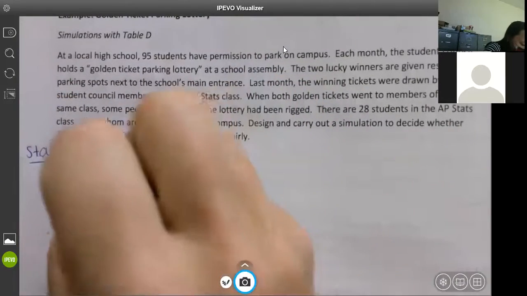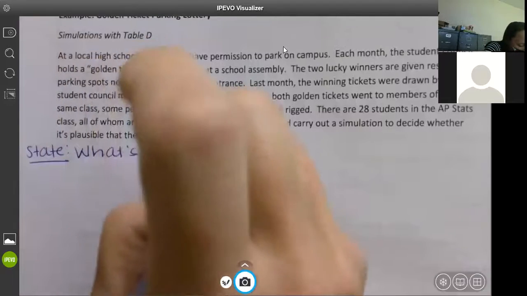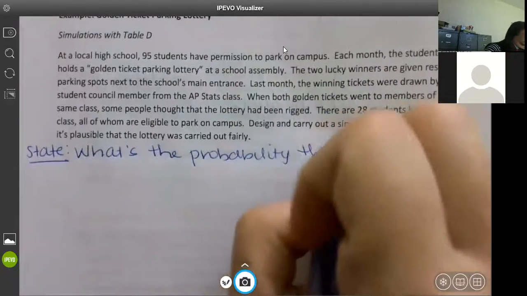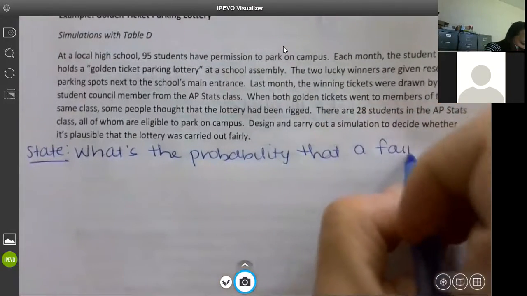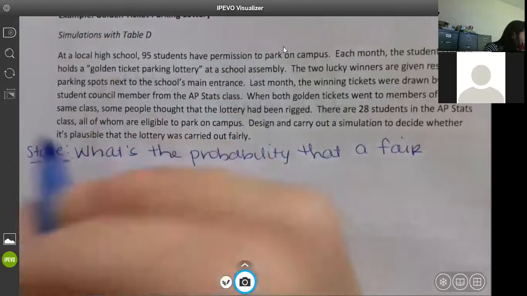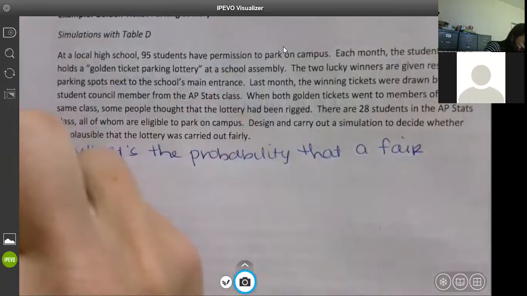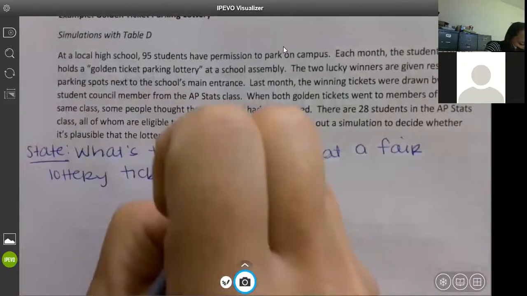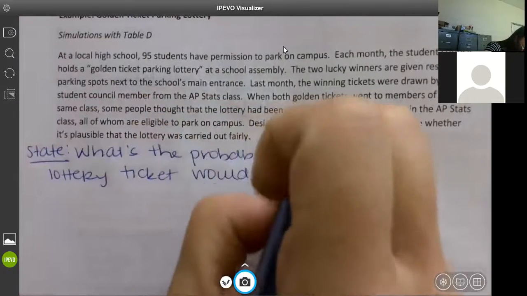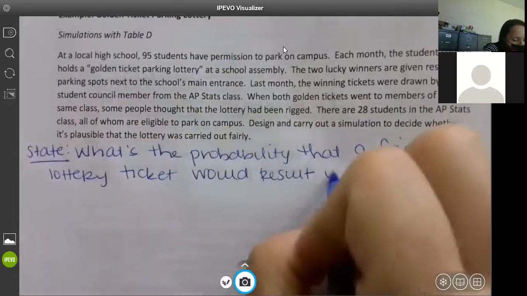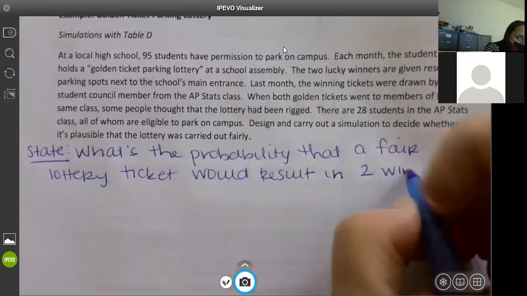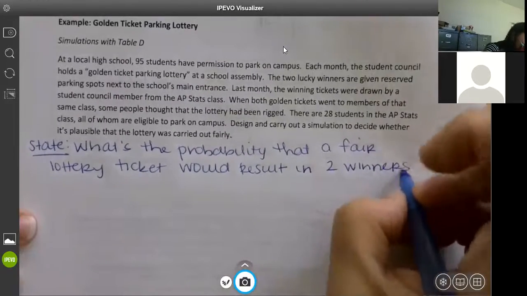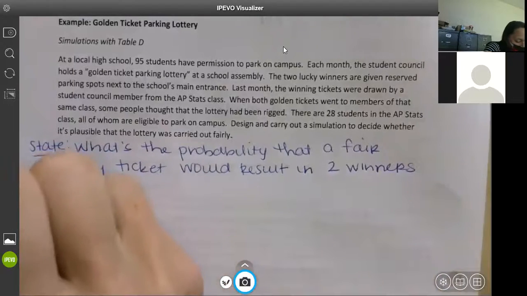What's the probability that a fair lottery would result in 2 winners from the AP Stats class?